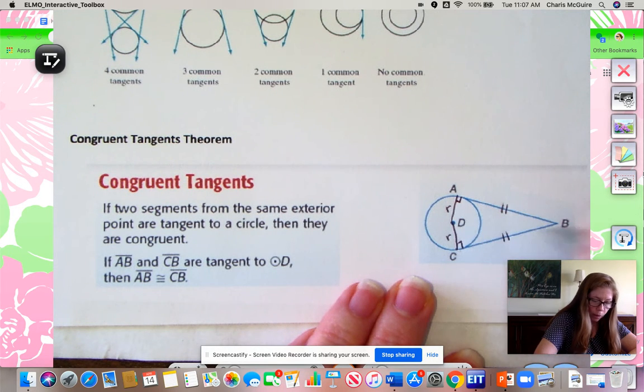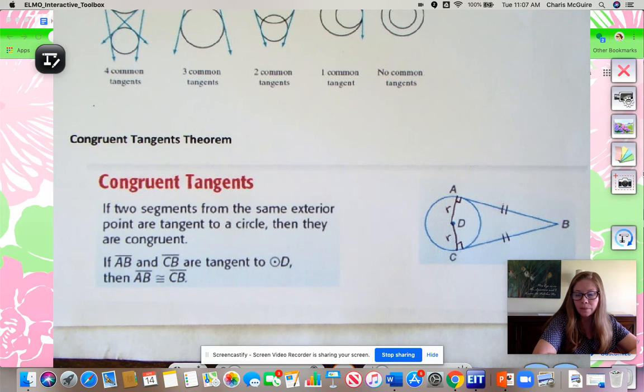So I know it's perpendicular to CB, and I draw in the radius. What kind of quadrilateral did I just create? That's right, it's a kite. And also it's a quadrilateral. How many degrees are inside a quadrilateral? Hopefully you said 360.